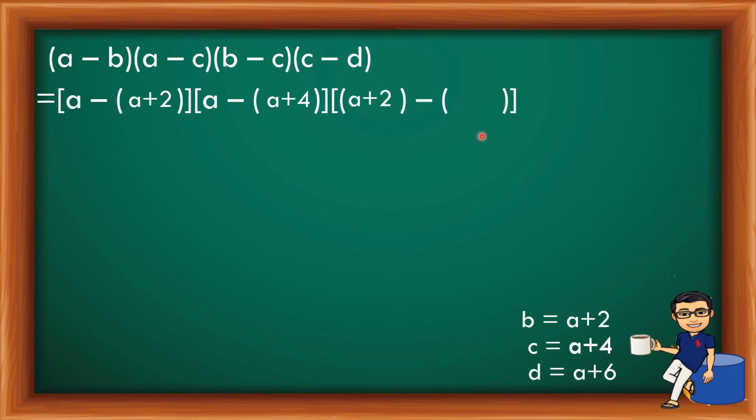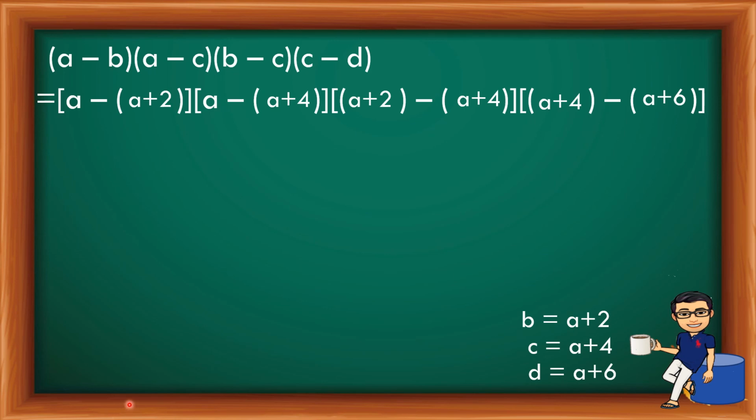Therefore, this becomes A plus 4. Then, what comes next is to substitute the representation of C and D here. C will be here and D will be here. As represented a while ago, C is equal to A plus 4. Therefore, this becomes A plus 4. And D, as represented, is A plus 6. Here, this becomes A plus 6.